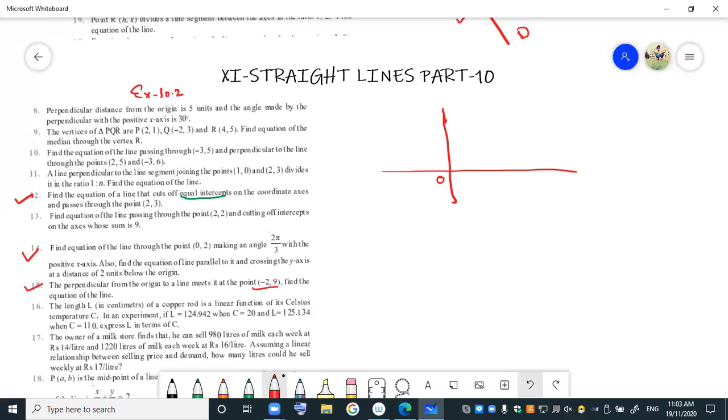Instead of making the exact diagram, suppose this is the origin (0, 0), and this is the perpendicular from the origin on a line, meeting it at the point (-2, 9).